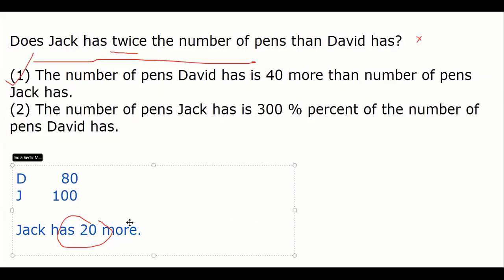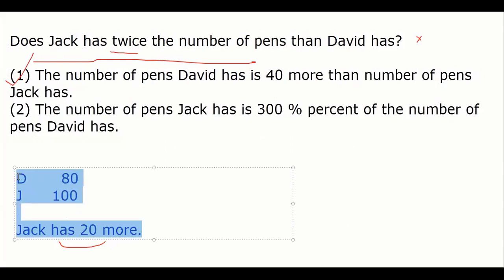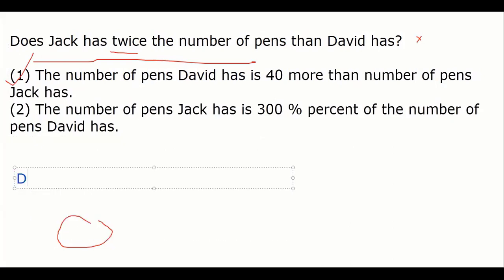Now can we answer this question? No, we cannot, because we know David has 40 more, but we don't know how much Jack has. Until we know Jack, we cannot compare how much more or less. So then we can say we cannot answer. So the objective is, from the data, can we answer the question or not? Okay, everybody? Thank you, Shubhi.